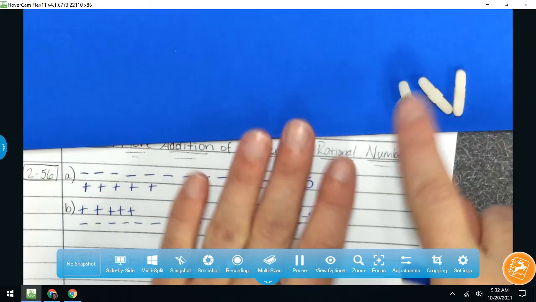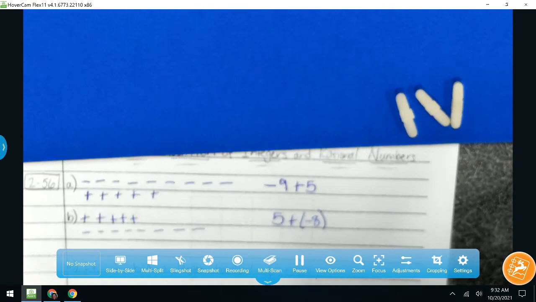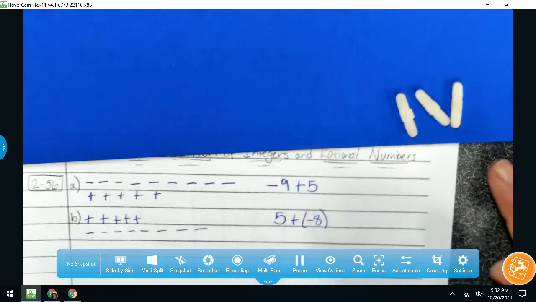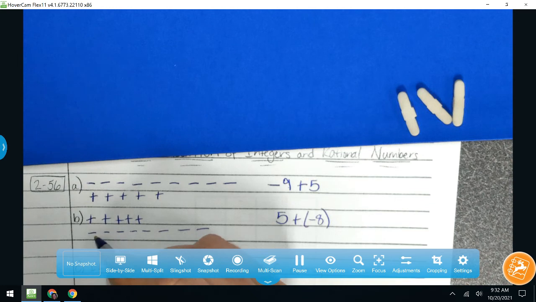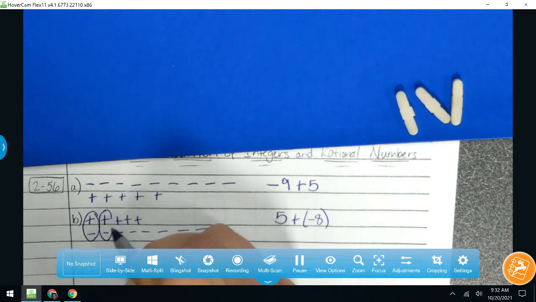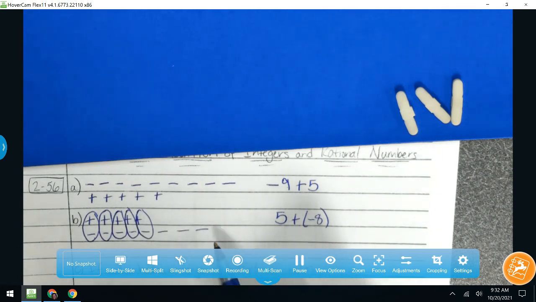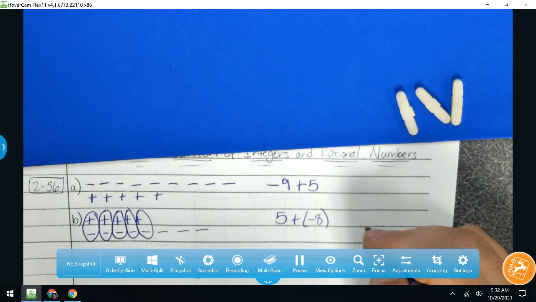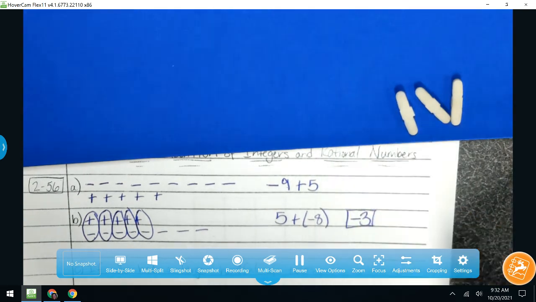And so what I have left is the value of my expression. So to show what I did with removing, I have a positive 1 and a negative 1 that makes a 0 pair. And what I'm left with is the value of my expression. And so for this one, the value of the expression is negative 3.